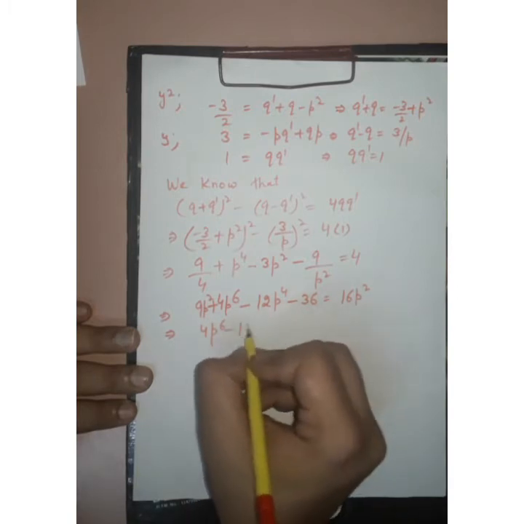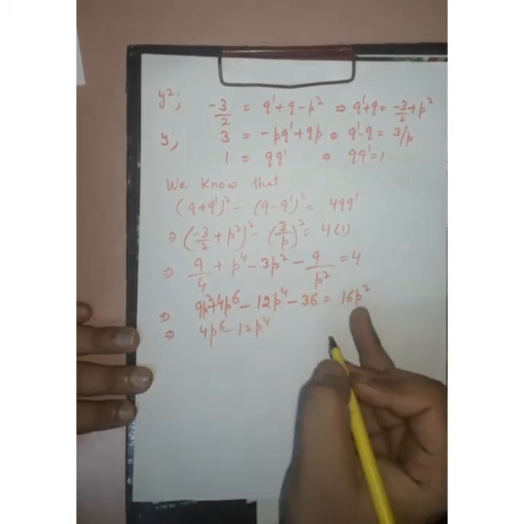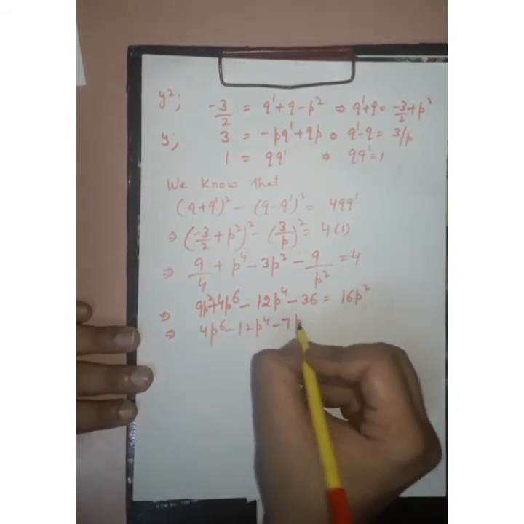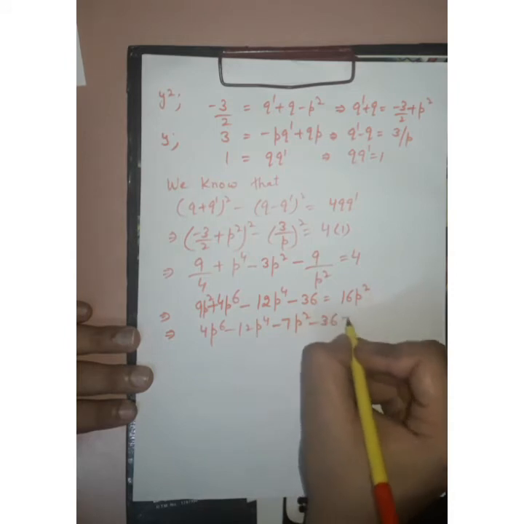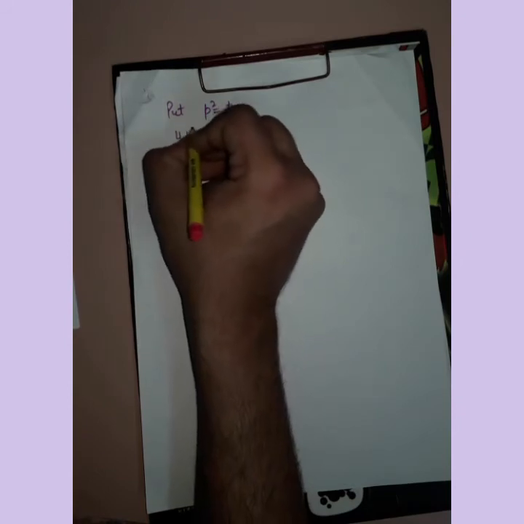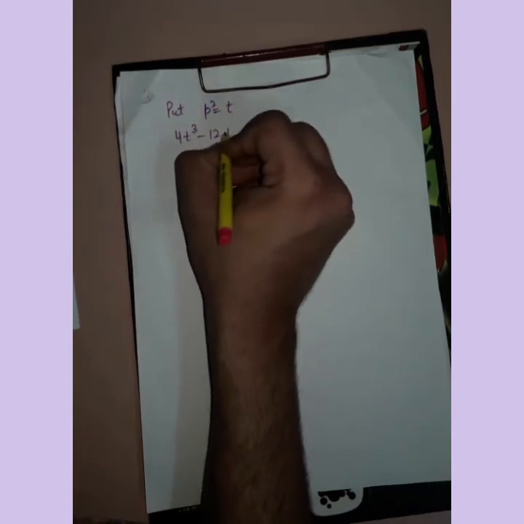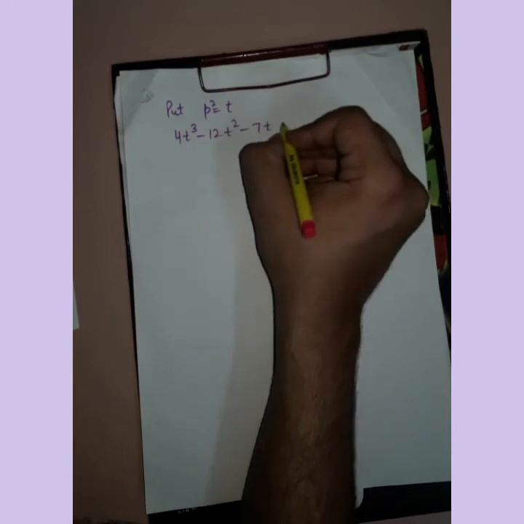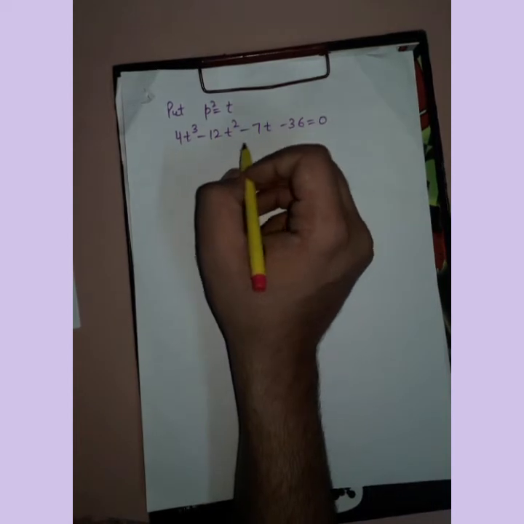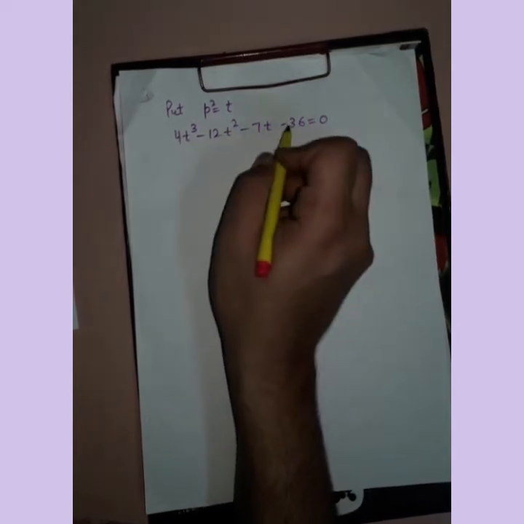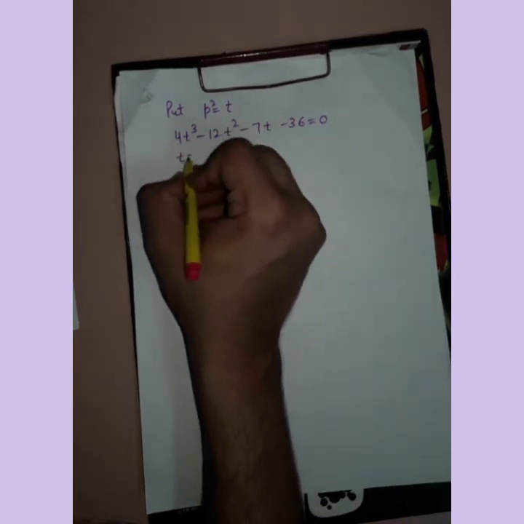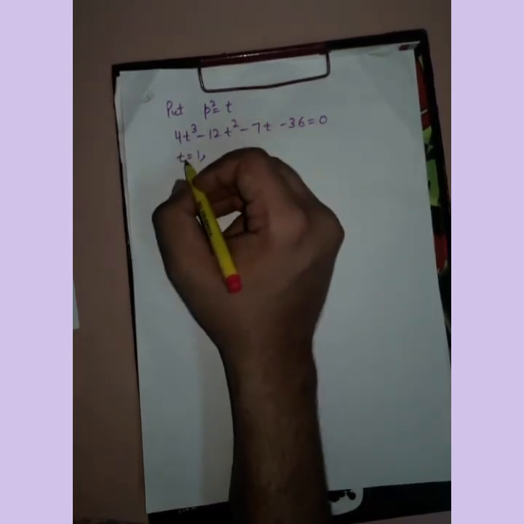So 4p6 minus 12p4, 9p square minus 16p square, you will get minus 7p square minus 36 is equal to 0. So putting p square equal to t, you will get 4t cube minus 12t square minus 7t minus 36 is equal to 0. This is a cubic equation. You can solve it by Cardano's method or you can solve it by hit and trial method. Here I use hit and trial method.